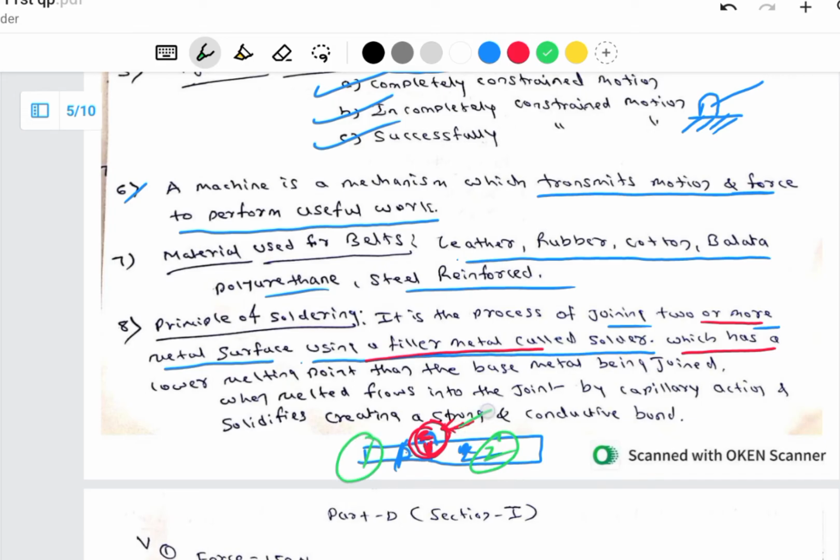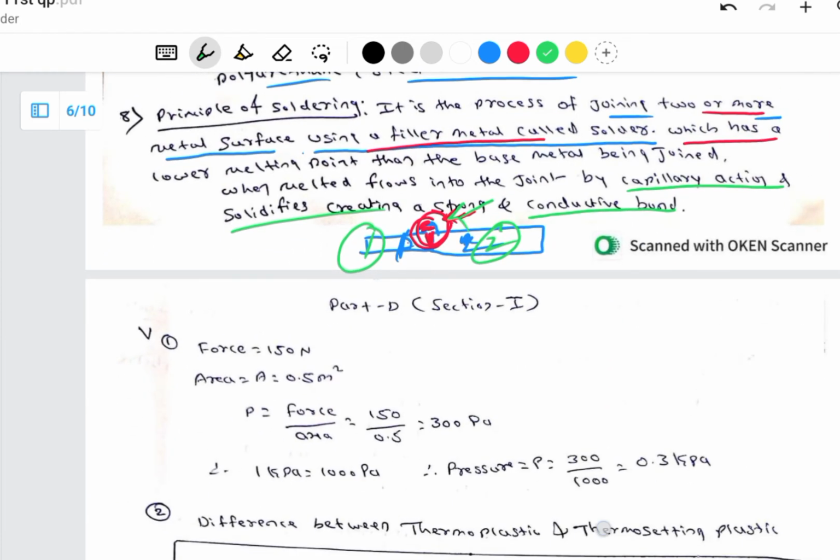So the temperature of the filler material which you are adding in between is less. By capillary action and solidifying, you are creating a strong bond. Okay, so this is section C, part C.